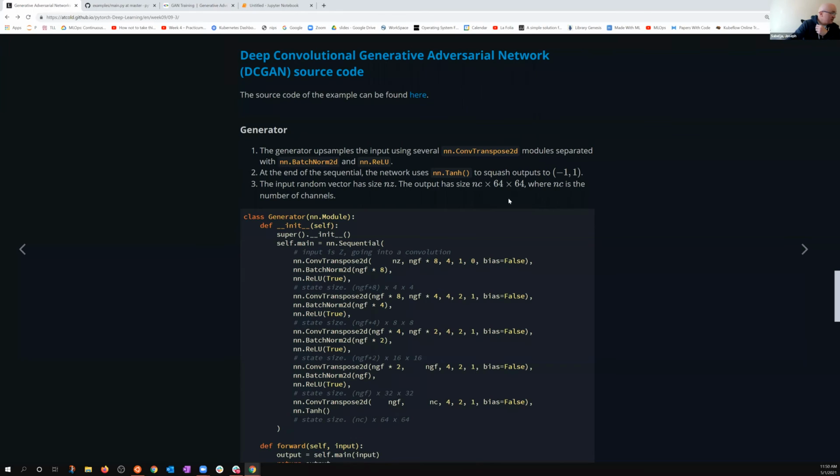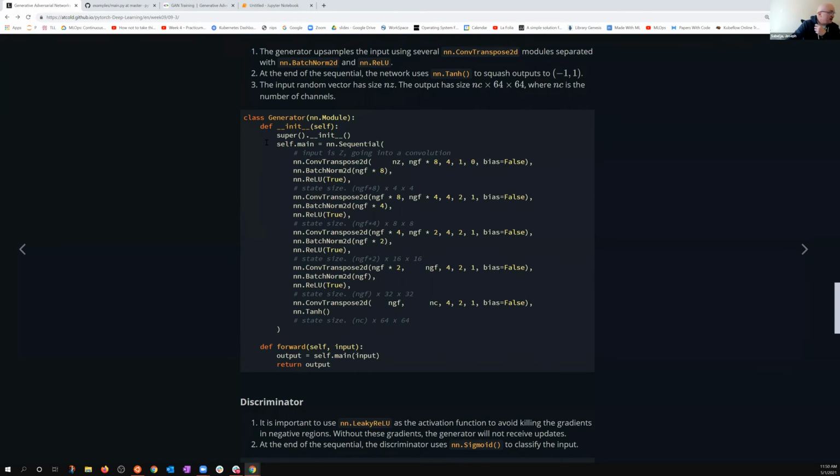So I think that's what we're doing here. First of all, what we're defining is the generator, which, as Alfredo said, is essentially upsampling from the Z space to get back to the X space. NZ is, I guess, the dimension of the Z space.